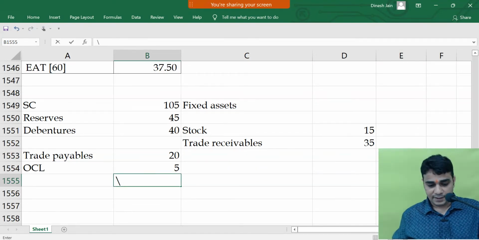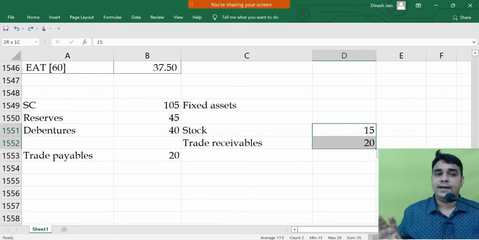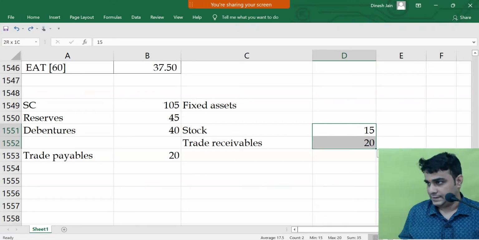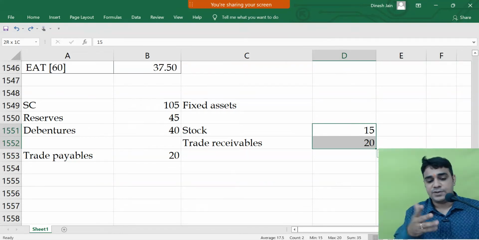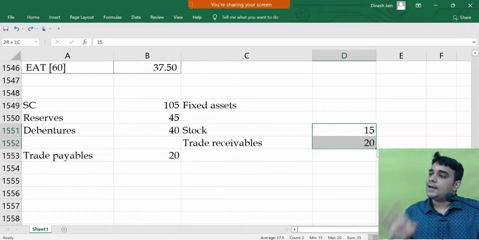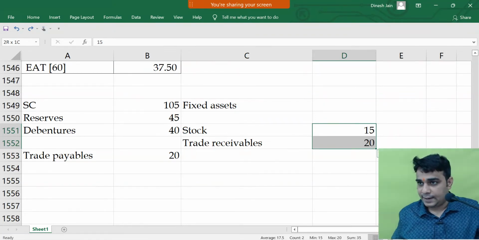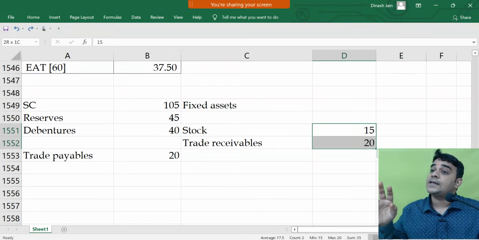Now the receivable figure given in the question is how much? 20. If you say these are the only two current assets, current asset total is 35. Current liability has to be half of which is 17.5, which is not possible because trade payables already sitting as 20. So my assumption is only current liability is trade payable, which is 20, which means current assets has to be 40.